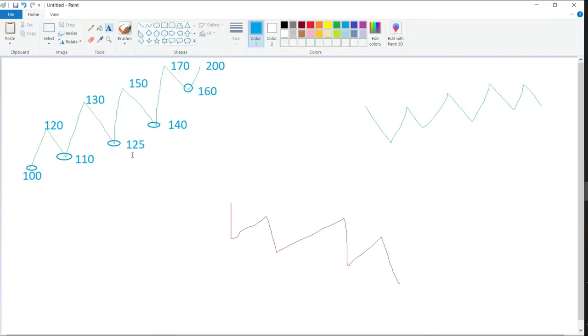If you see this, this is a bullish trend where the stock has moved from 100 to 200 levels. But if you consider it moved from 100 to 120, then again came back to 110, and then made a move to 130, and then again 125, and then 150.